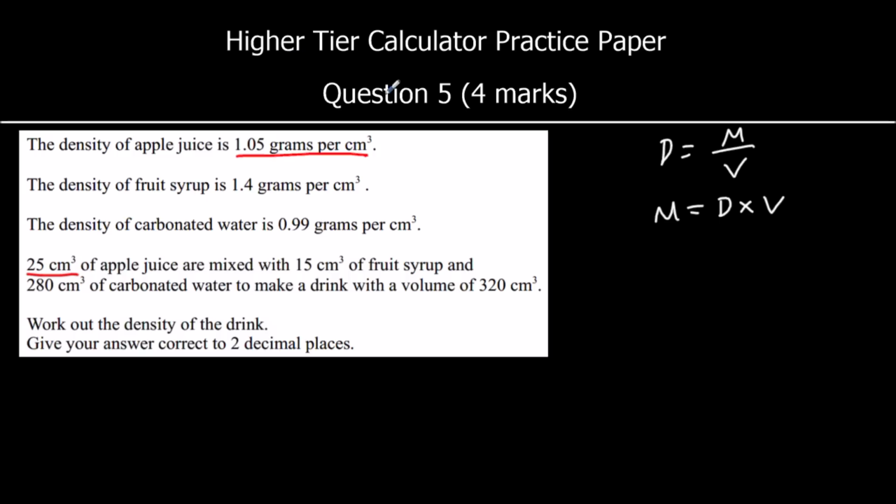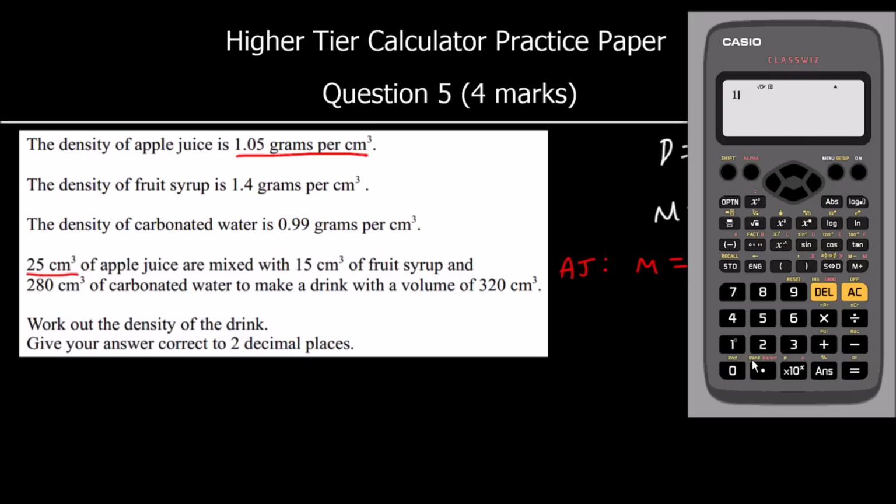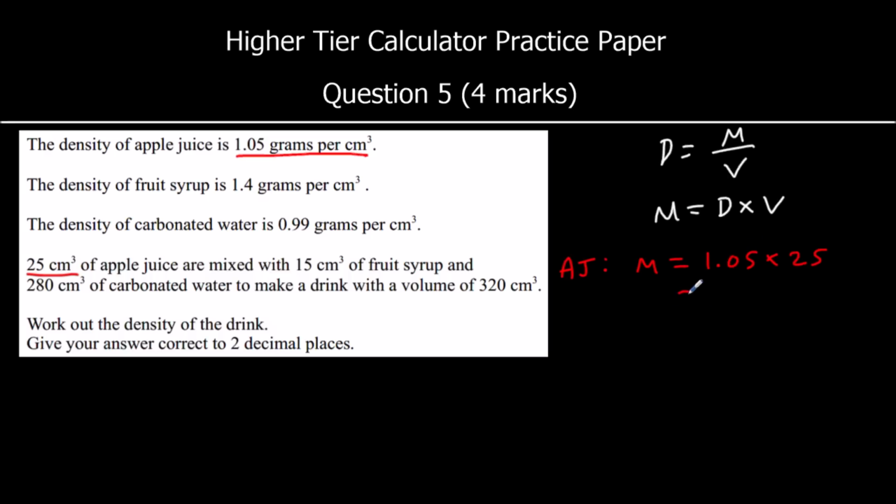So let's do that for apple juice. Mass is density times volume. 1.05 times 25 is 26.25. So that's the apple juice's mass.